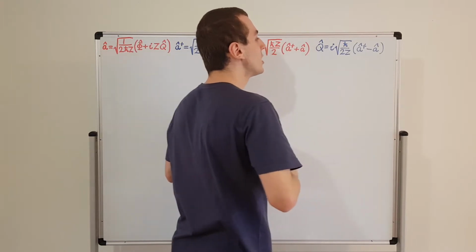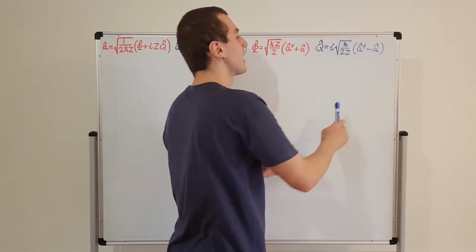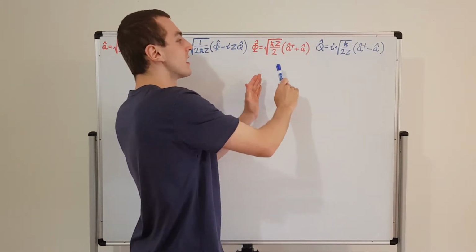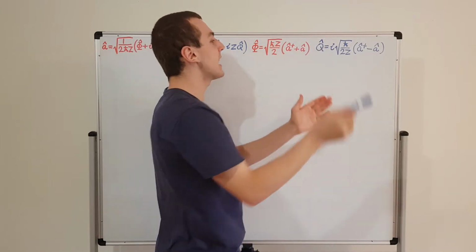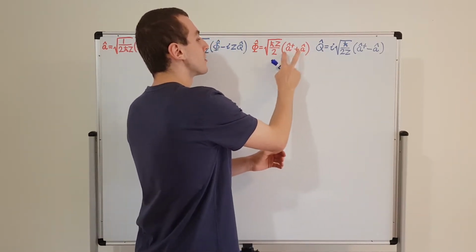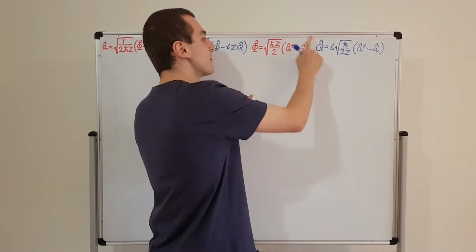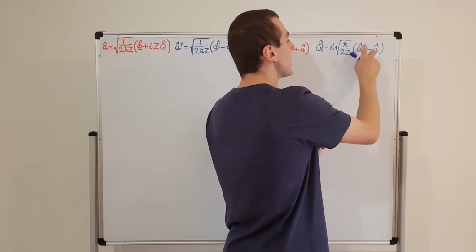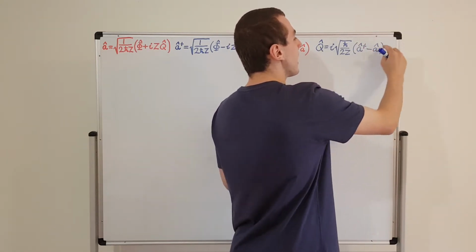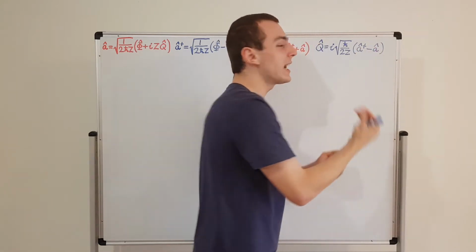And this imaginary unit ensures that this is a Hermitian operator. If we take the Hermitian adjoint of this, A dagger turns to A, and this A turns to A dagger. So we're just swapping these around. And addition of these operators is commutative, so we have the same thing. But over here, when we take the Hermitian adjoint, this A dagger gets swapped to an A, and this A gets swapped to an A dagger. So we actually swap these around, and we have a minus sign.